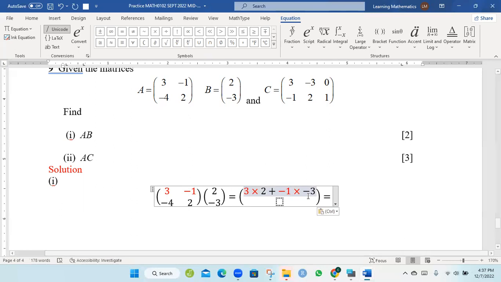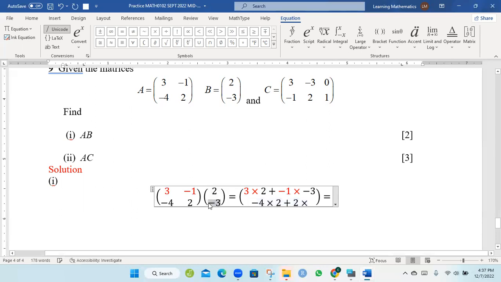Okay. Now we have to repeat that for the -4 and the 2. The -4 times the 2, that 2 that is there, is row times column. And don't forget the plus 2, that 2 down there in that row, times the -3.